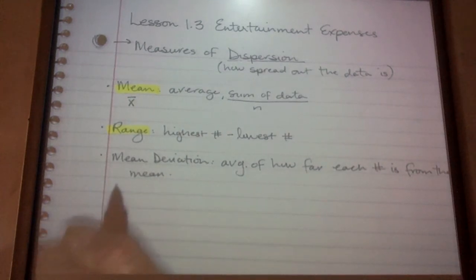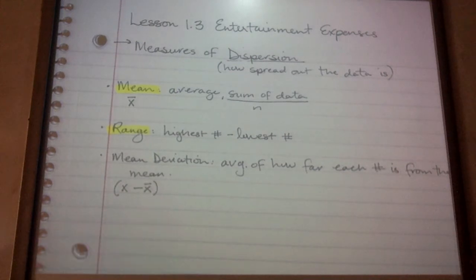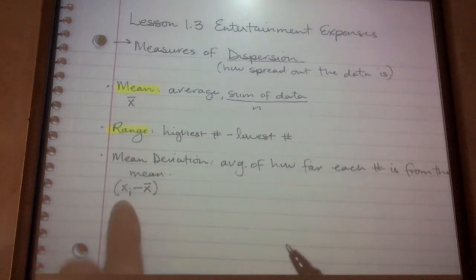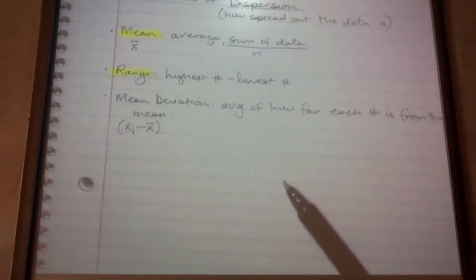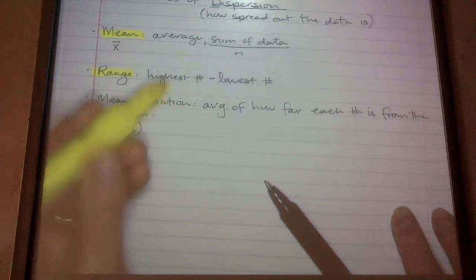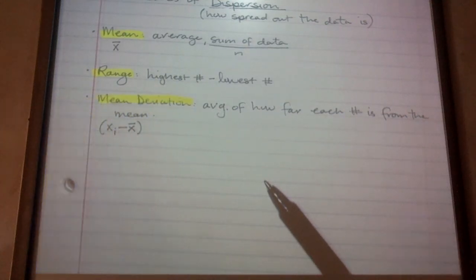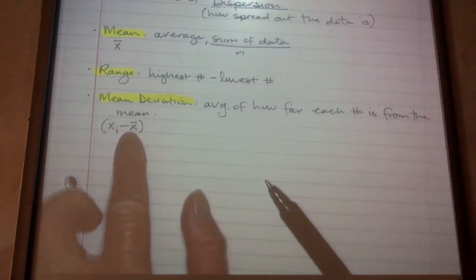And the symbol would be X minus X with the line above it. And then here they put the I for index. And they're just saying like the first value of X minus the mean, the second value of X minus the mean, the third value of X minus the mean, and so forth. So here's mean deviation. There is no symbol for range. Mean would look like this.